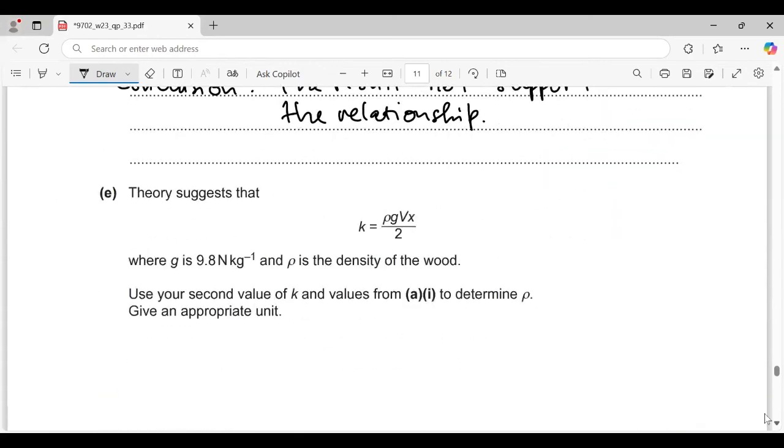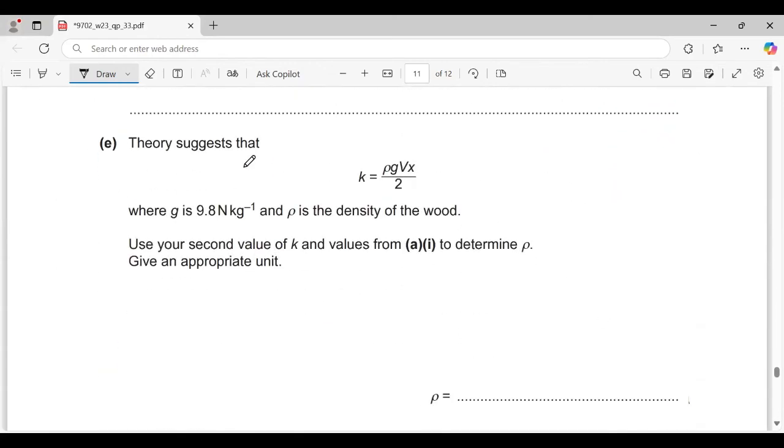Next. Theory suggests that K equals rho times g times V times x over 2, where g is 9.8 newton per kilogram and rho is the density of the wood. Use your second value of K and values from part A to determine rho, giving an appropriate unit.